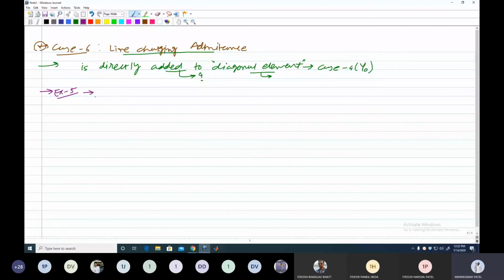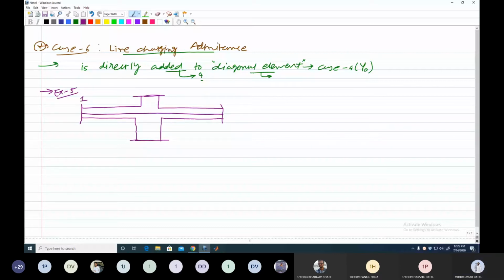Just write down the statement of the example. Just draw the diagram. And 4.